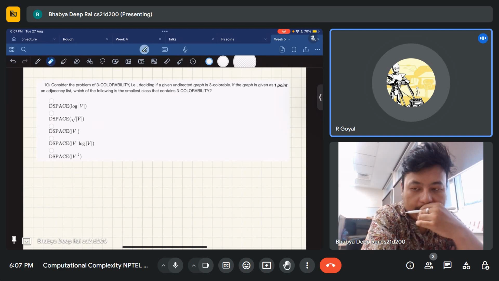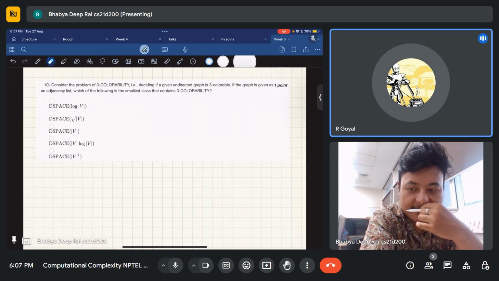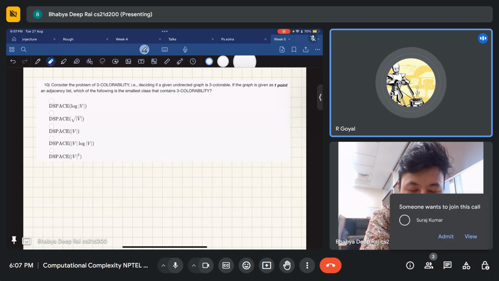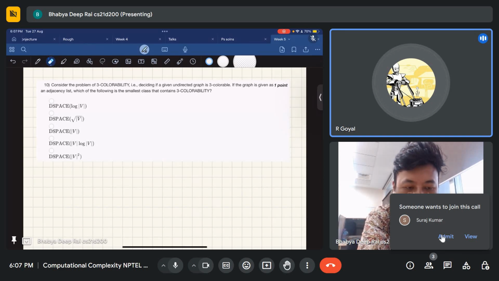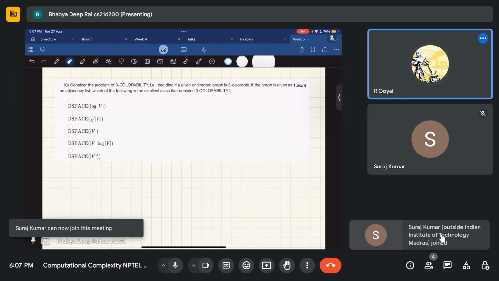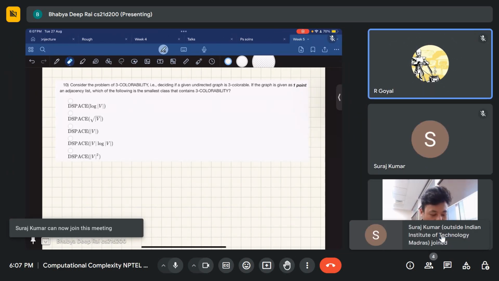I'm a little doubtful, but probably V space and then log V would be sufficient, because I'll have to check this for the number of vertices, and for every vertex I need to keep track of the pointers, and for that I would require log amount of space.